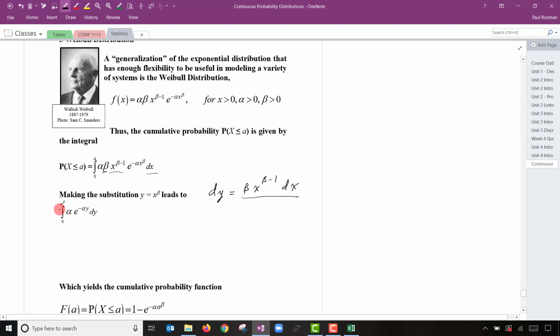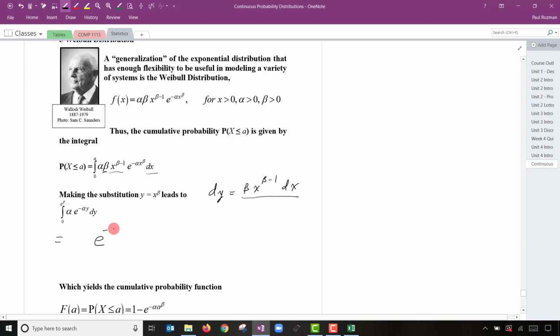If we're going from 0 up to a, if this is our transformation, when you put 0 in here, y is still 0. But if you put in a, then you get a to the beta, and that's why the upper limit is a to the beta. So now we can just integrate that thing. Again, you just guess.